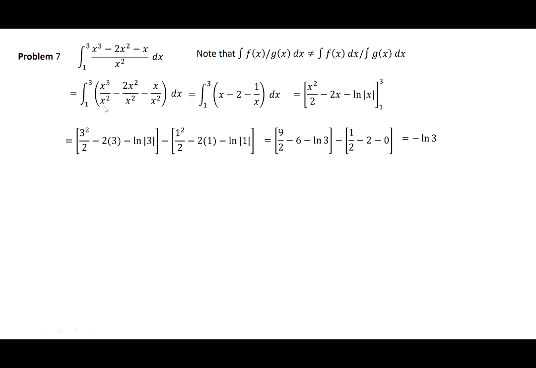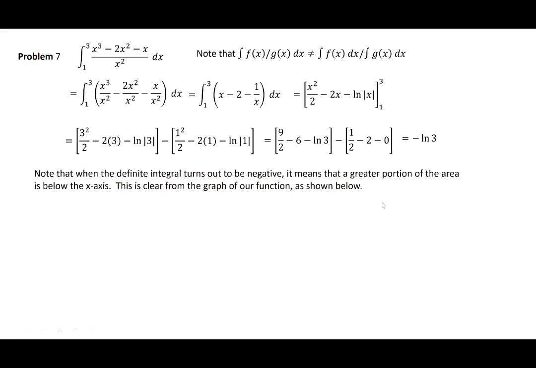What? The integral turned out to be negative? The area under a curve is actually negative. Yeah, that's okay. We already talked about this. In fact, I tried to graph this one, and it turns out on the interval 1 to 3, the graph of this looks like this. So when it comes to area under the curve, you notice that this portion of the area is below the x-axis, whereas that area is above the x-axis.